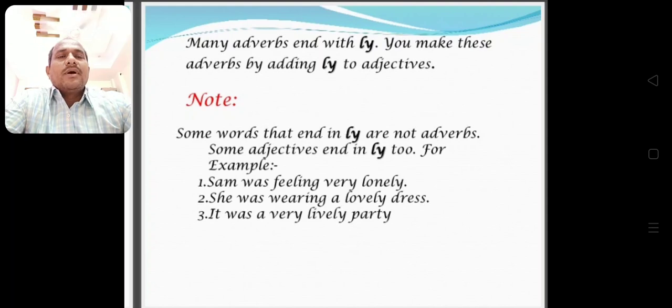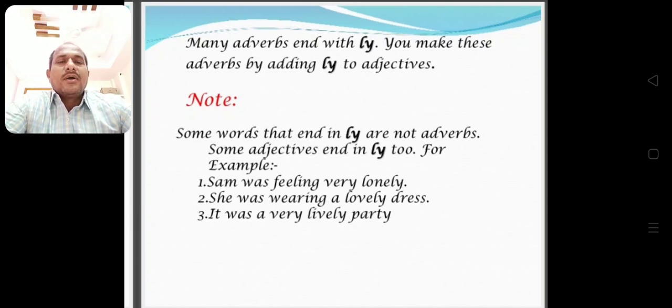Many adverbs end with ly, mostly. You make these adverbs by adding ly to adjectives. Some words that end in ly are not adverbs. Some adjectives end in ly too. For example, Sam was feeling very lonely.